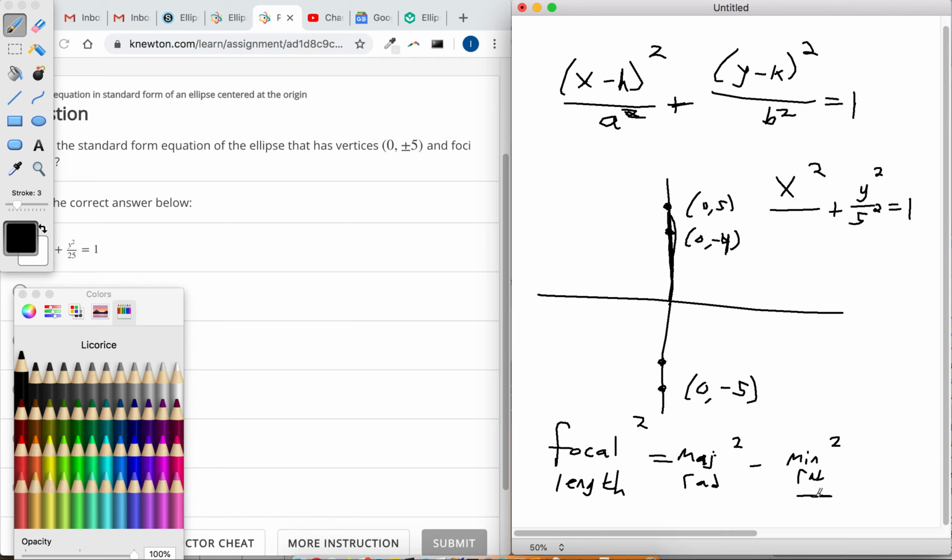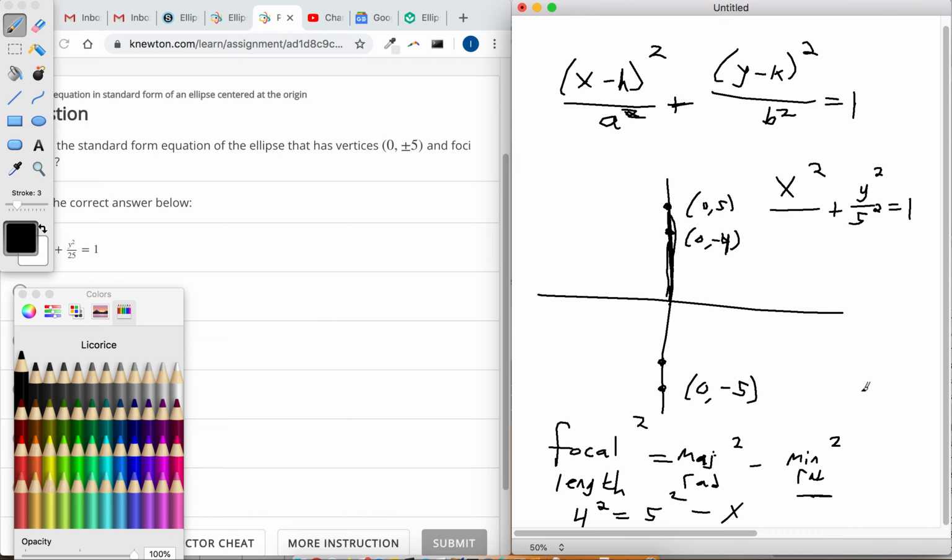Okay, so we don't know this one, but we know the focal length. The distance from one of the foci to the origin is 4. We know the major radius. The distance from the origin to the major vertex is 5. And then we can call this x for the minor radius. So that's a quick little equation you can solve.